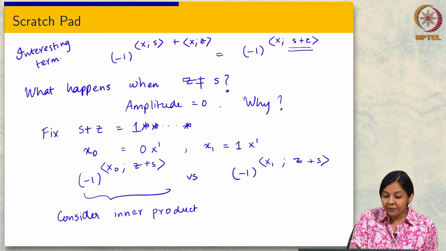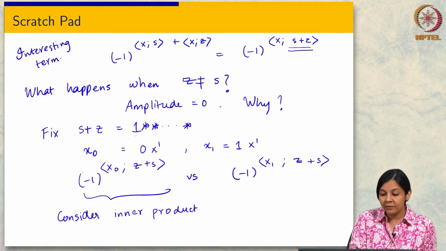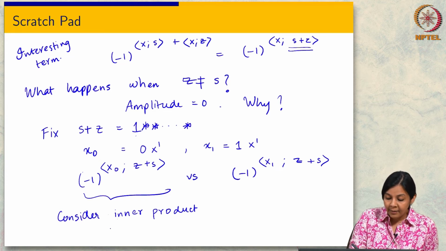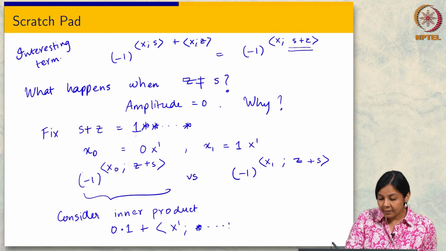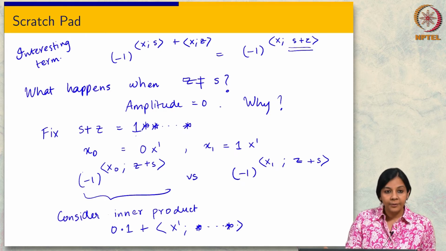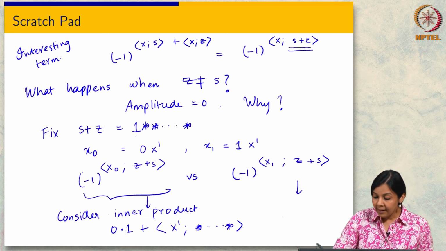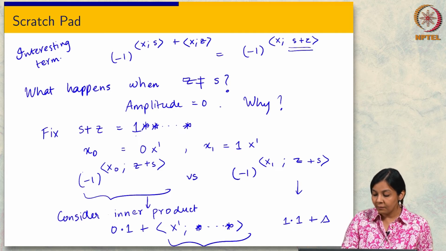The first bit of x0 is 0, so I get 0 times 1 plus whatever, some x prime inner product. In the other case, I get 1 times 1 plus the same inner product. Everyone agrees? Let me call this delta. So this is 1 plus delta.